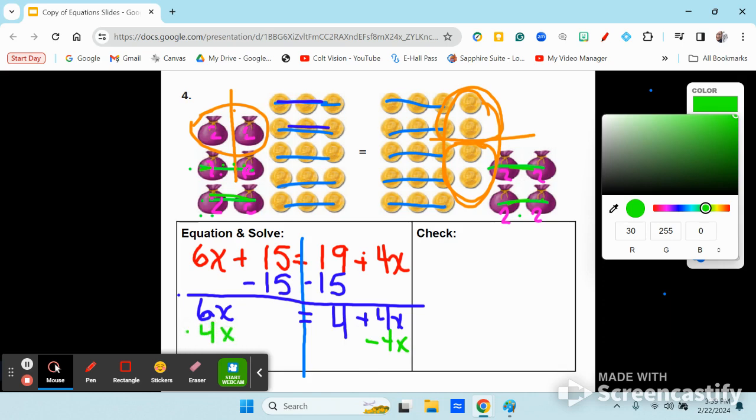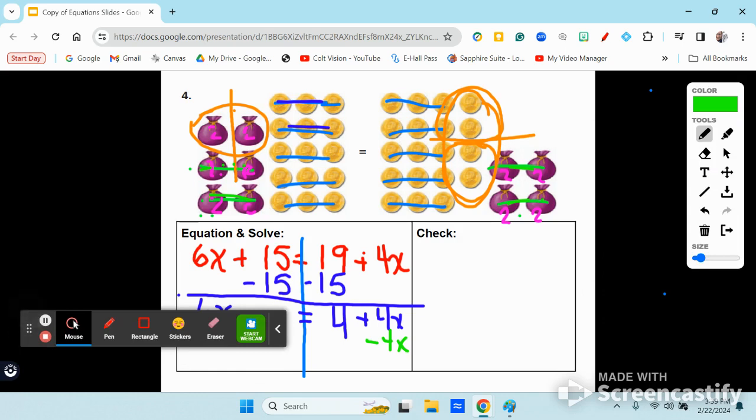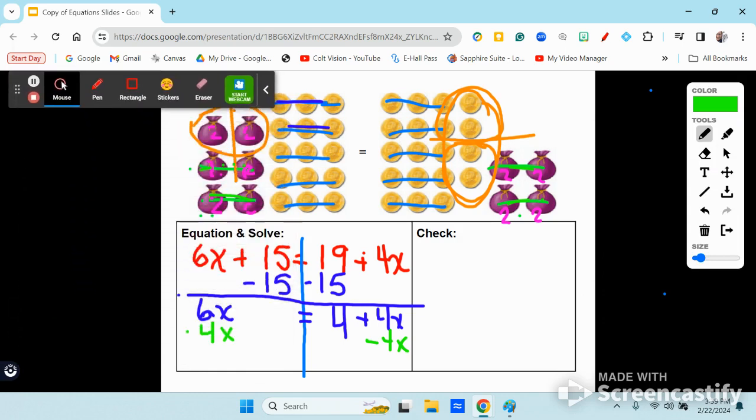Let me see if I can pick this up and move it. There you go. When I do that, that left us with 2 bags on the left and no bags on the right. That makes sense, because 6x minus 4x gives me 2x. And if I subtract this 4x from here, that only leaves me with 4 coins left over, just like in the picture.